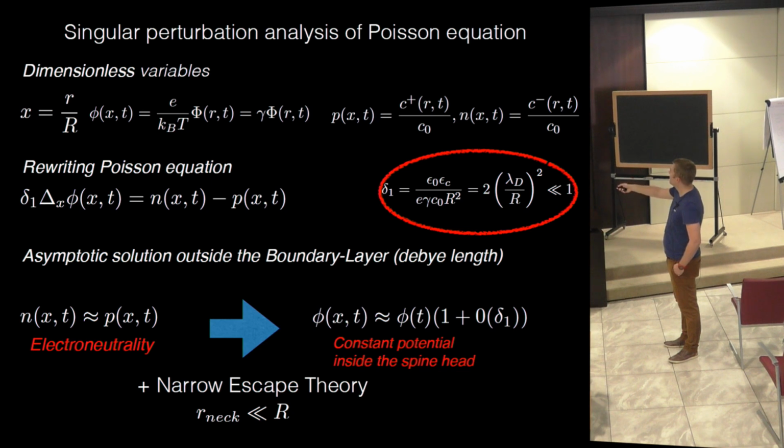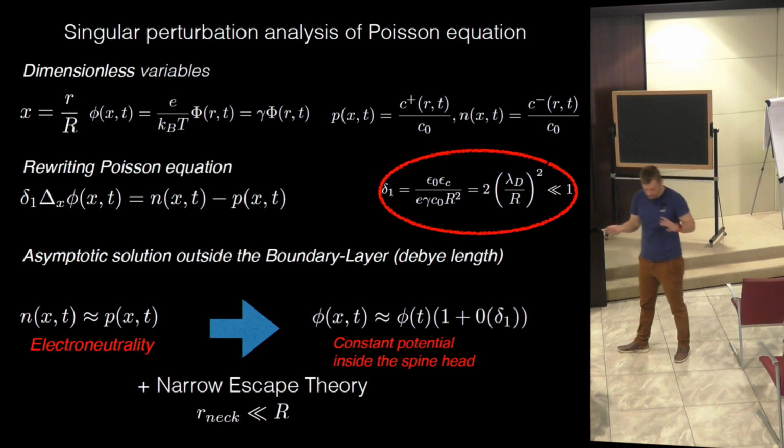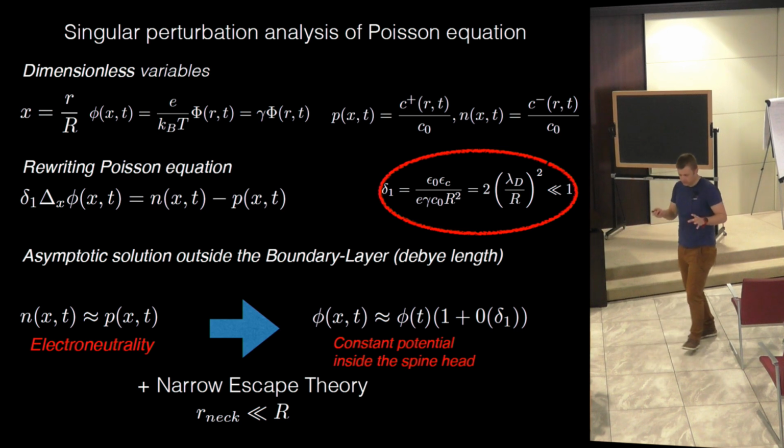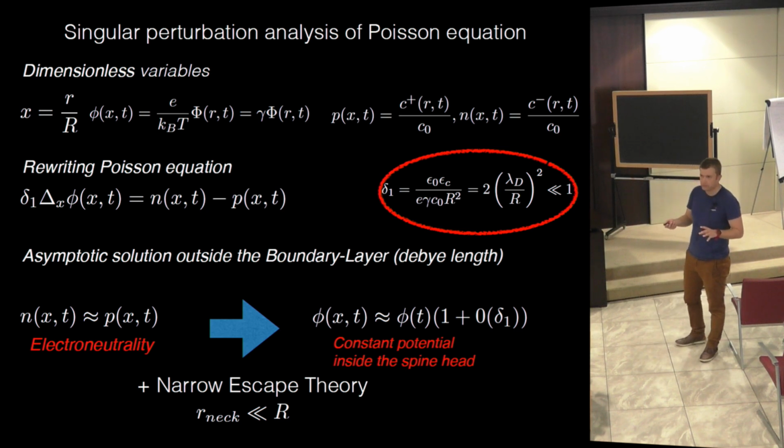You divide your concentration by the bulk concentration. Here there is an important hypothesis: we consider that positive and negative charges are more or less at the same concentration and equally mobile, which is an important hypothesis of the model.